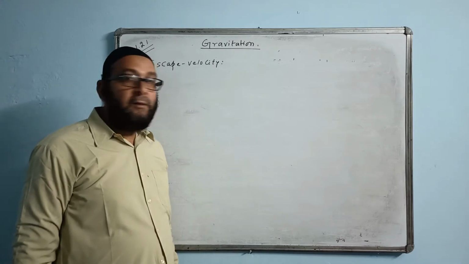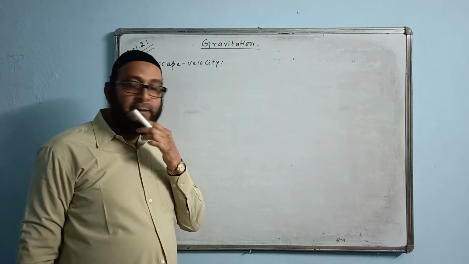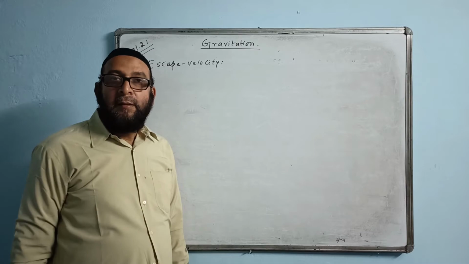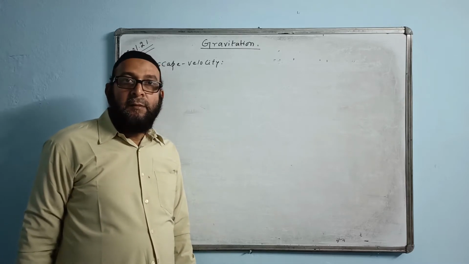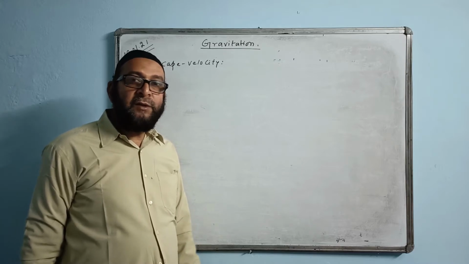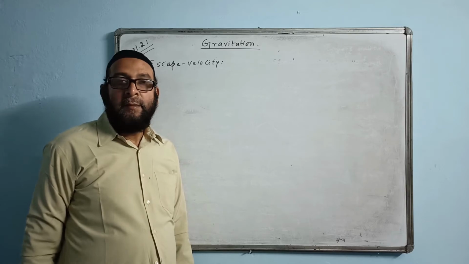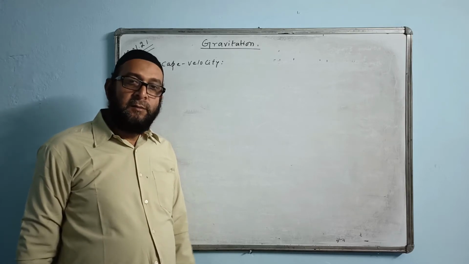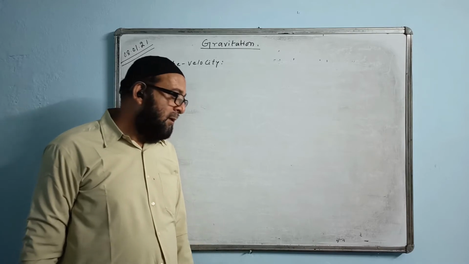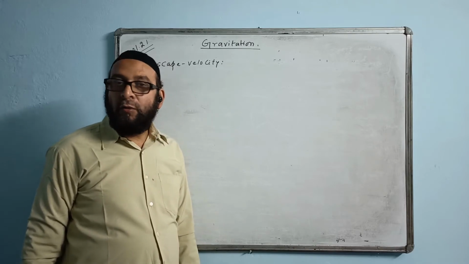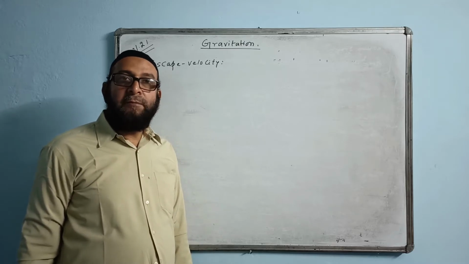The velocity of a body at the surface of the earth, so that the body goes out of gravitational pull, is called the escape velocity.